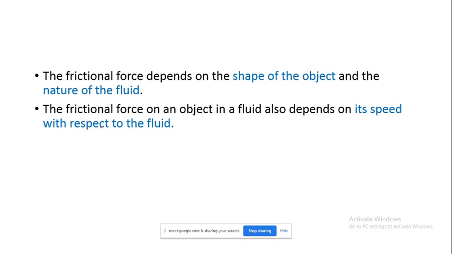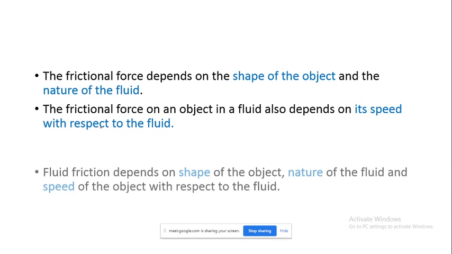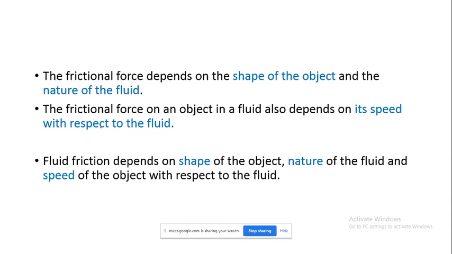Shape of the object, nature of the fluid, speed of the object with respect to fluid. Okay. So, you are considering only the speed of the moving object, not that of the fluid. Okay, ma'am. Now, note this down in your notebook. The third statement.